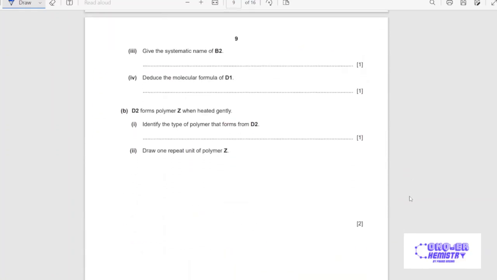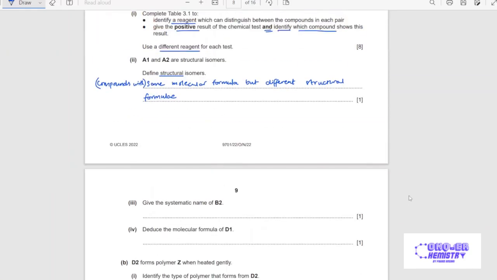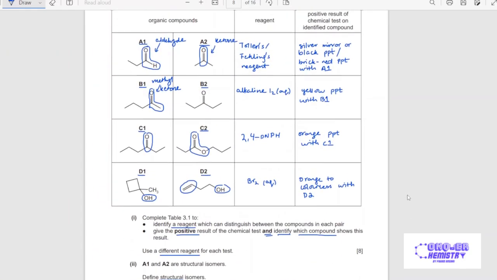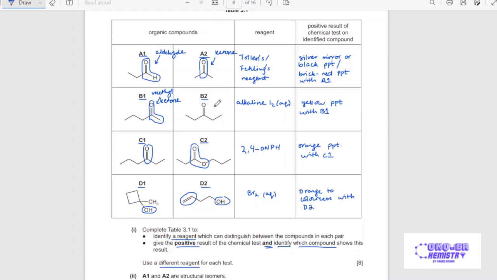It says give the systematic name of B2. So let's go back up. B2, over here is a ketone, and we have 1, 2, 3, 4, 5 carbon atoms. So that's going to be pentanone.